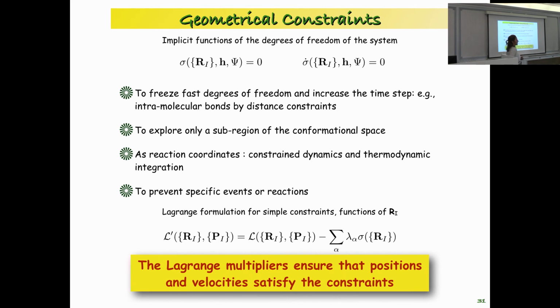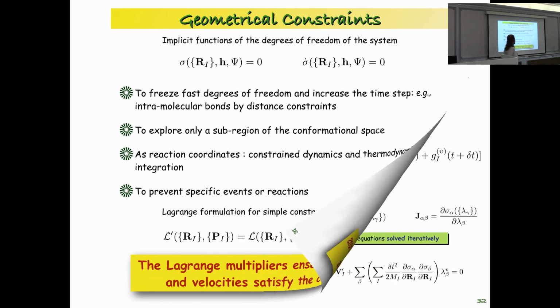To introduce constraints in MD is very simple. You define an extended Lagrangian where you have additional terms that are the conditions on the constraint. This is with the velocity Verlet algorithm that was introduced on Monday. It is very easy to implement.